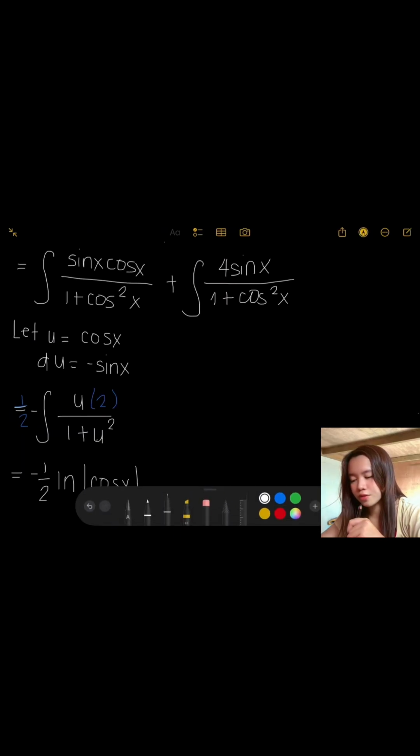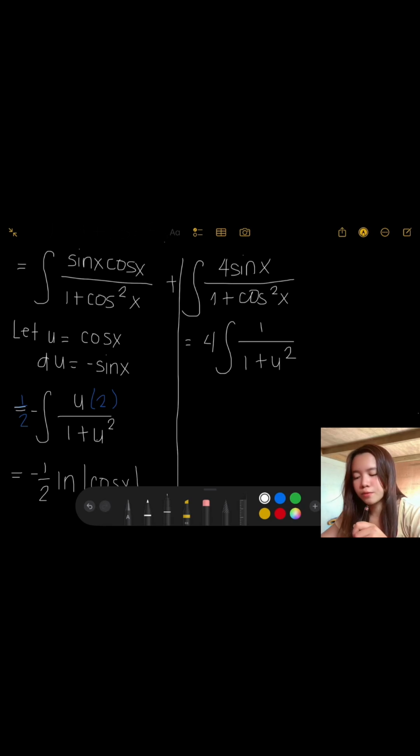Next we will integrate the 4 sine x over 1 plus cosine squared x. We will just put the constant outside, so it will become 4 integral of 1 over 1 plus u squared. We can see that this is an arctan, so we will just plug in the formula.